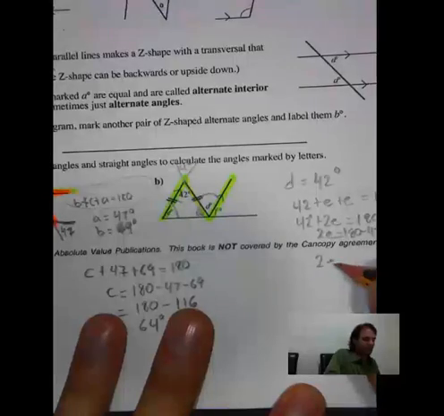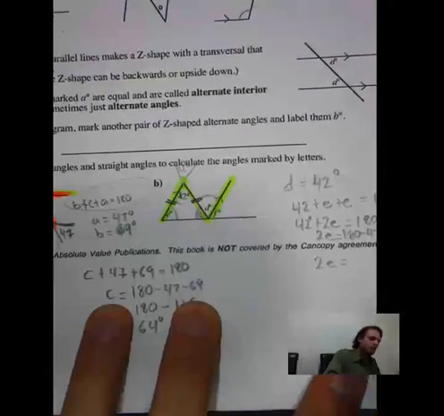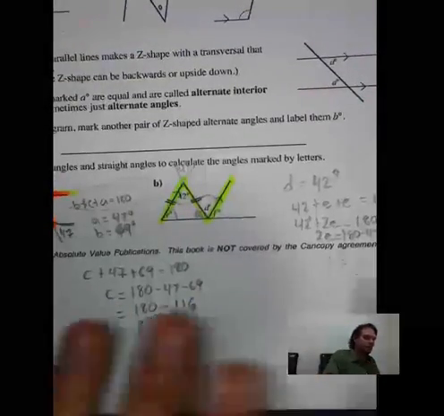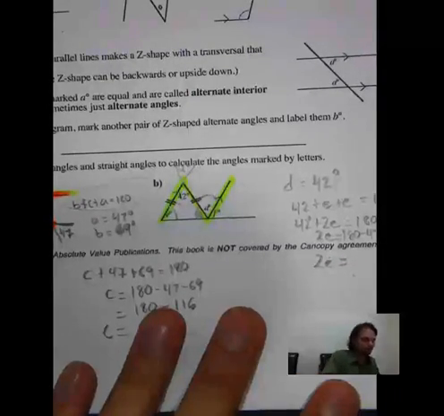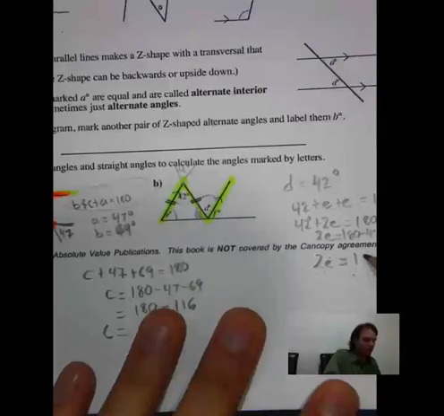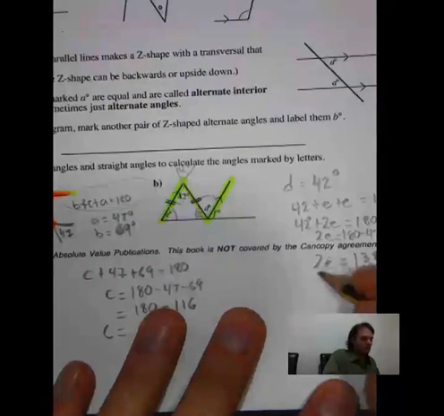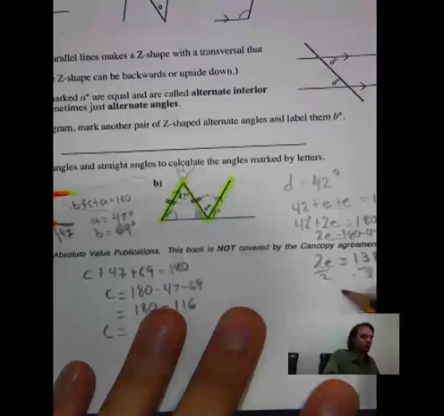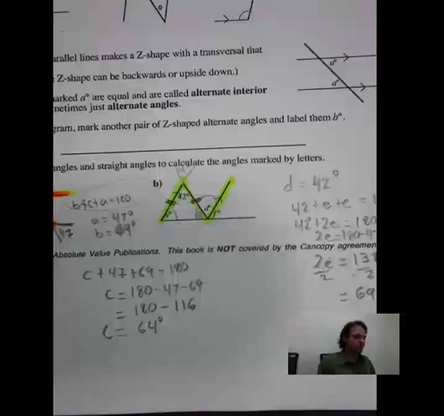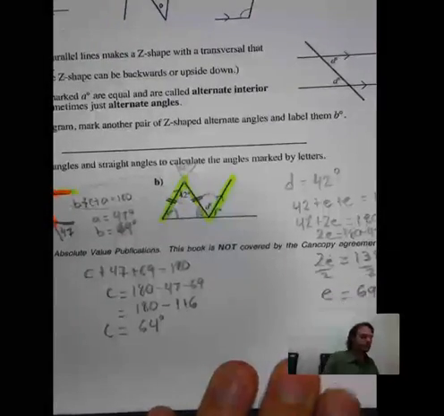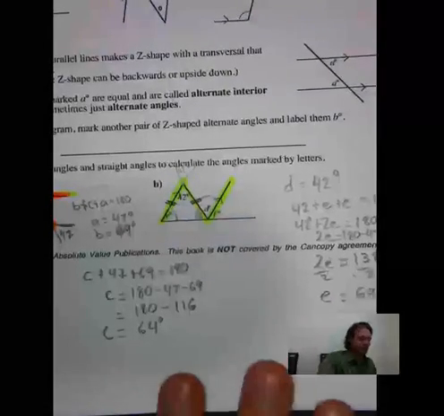So 2 of angle E is equal to 138. We divide both sides by 2, and I am going to get 69. And that's what E is equal to. E is equal to 69 degrees.